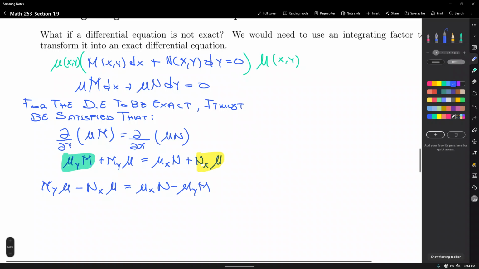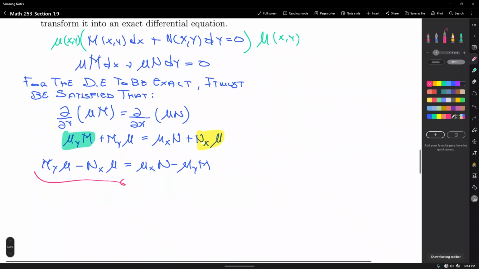But we have a big problem here because we want to solve for mu, right? That would involve solving a partial differential equation. And at this point, we're barely learning how to solve ordinary differential equations, not partial differential equations. Okay, let me write a note about this. Okay?